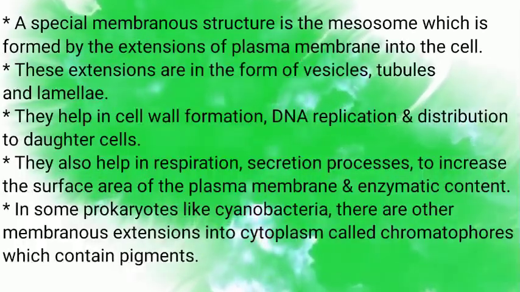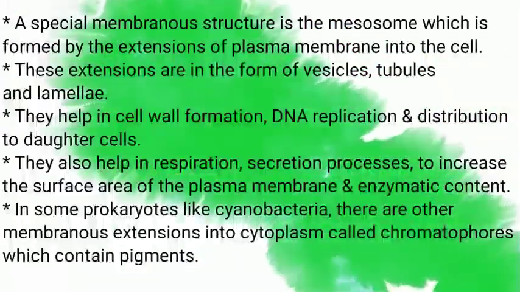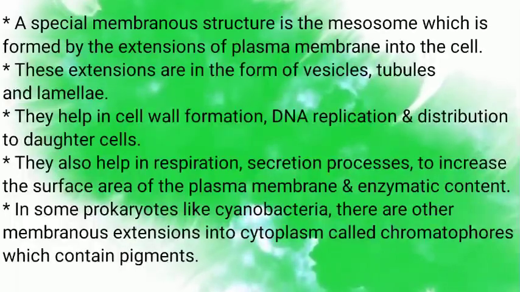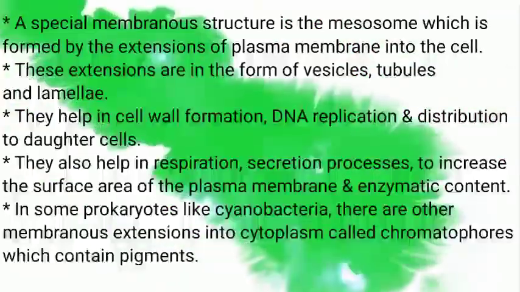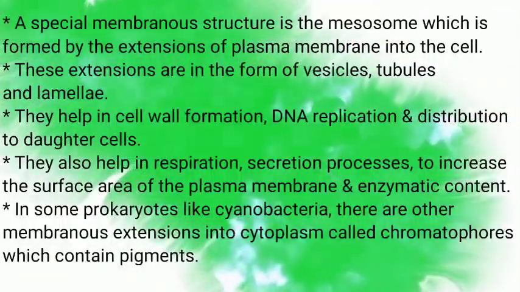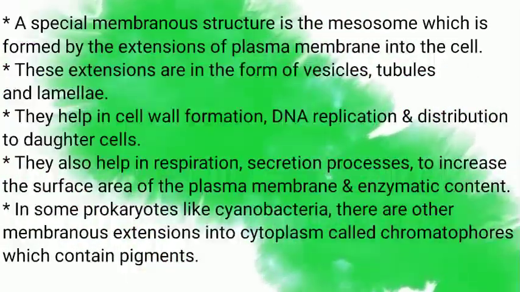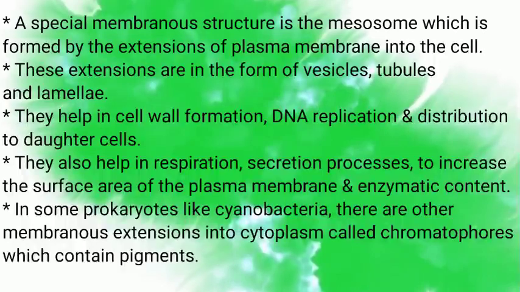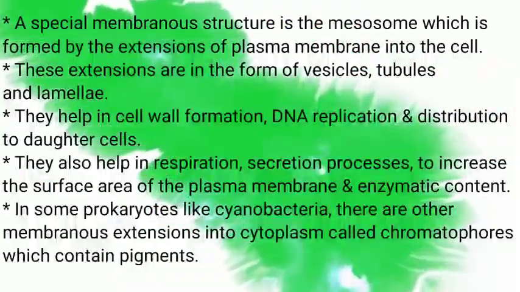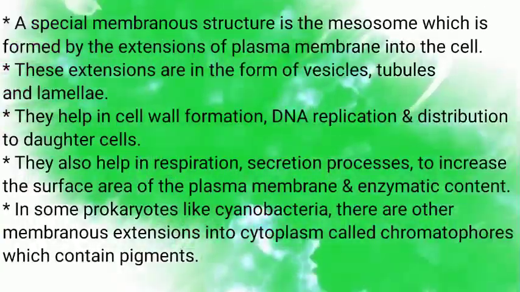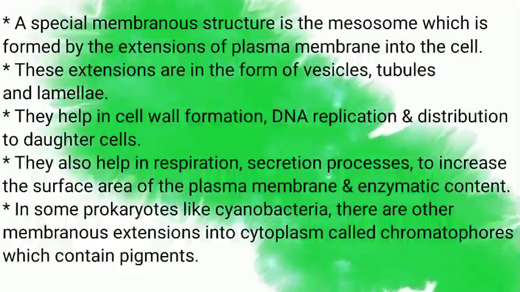They also help in respiration and secretion processes, to increase the surface area of the plasma membrane and enzymatic content. In some prokaryotes like cyanobacteria, there are other membranous extensions into the cytoplasm called chromatophores, which contain photosynthetic pigments.